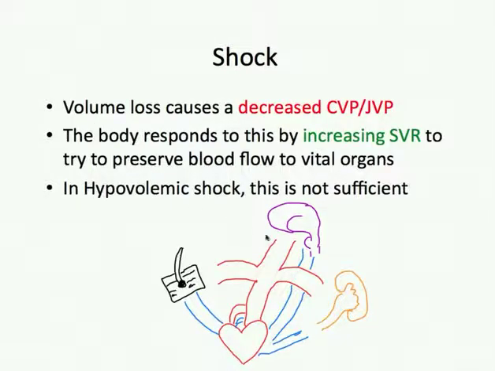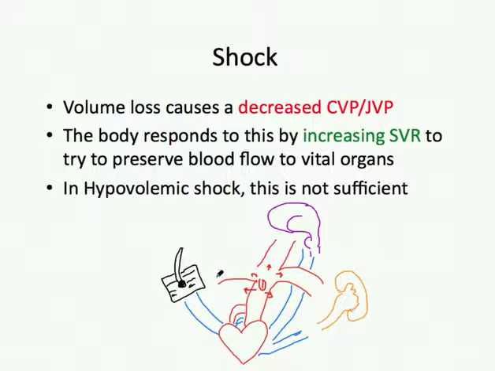So now returning to our schema for hypovolemic shock, our primary problem is that we're losing blood volume for some reason. As a result, we've got less blood to distribute to our different organs. And we use a primary compensatory mechanism that's really the opposite of what's happening as a disease process in septic shock.